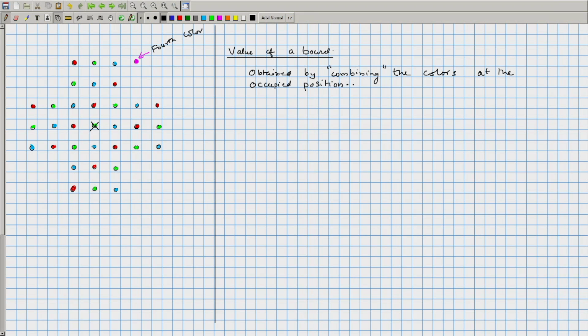So, we have defined the value of a board by combining the colors at the occupied positions. Given any board, we know how to compute the value.